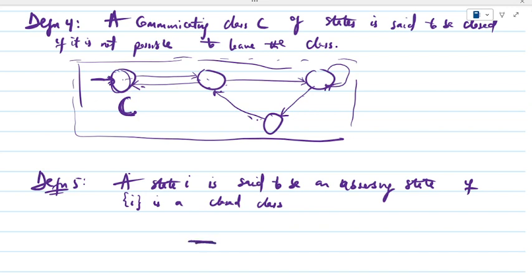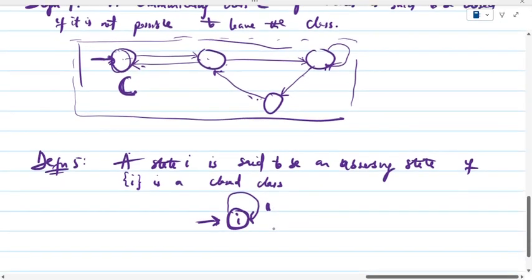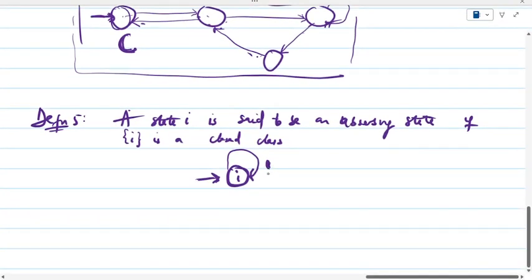That is, once we enter I, you remain in I. The probability of going back to I is 1. So there will not be any transition. The probability of moving from I to I in one step is equal to 1, so the probability of moving from state I to another state is 0.